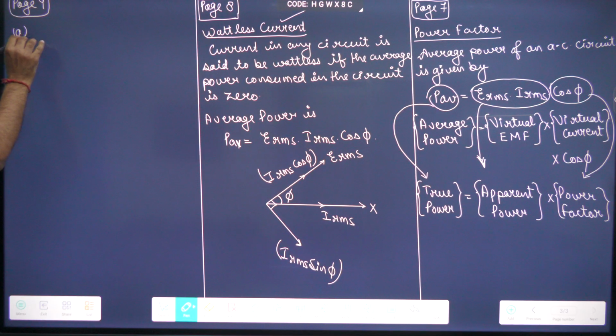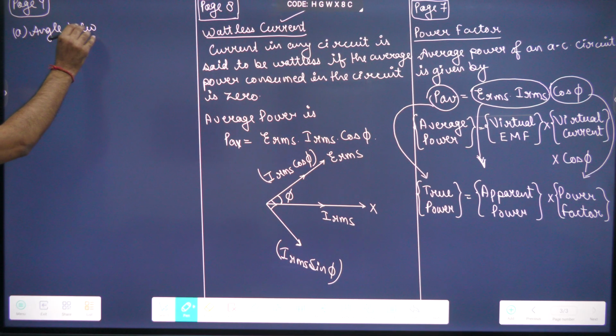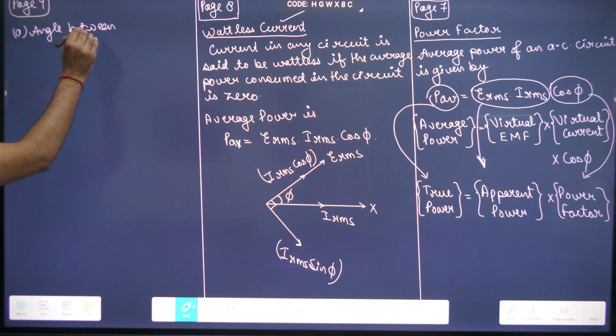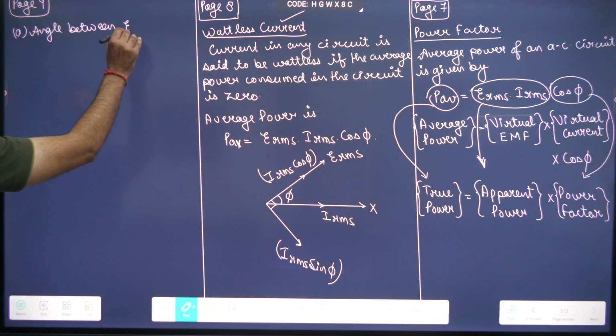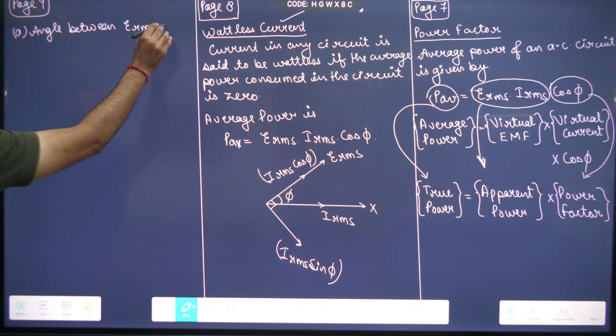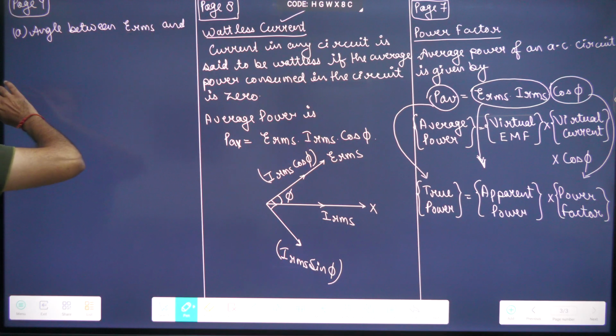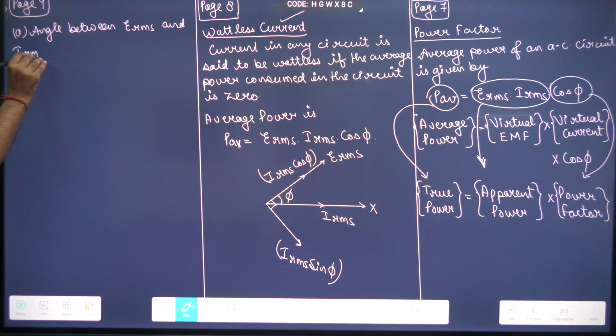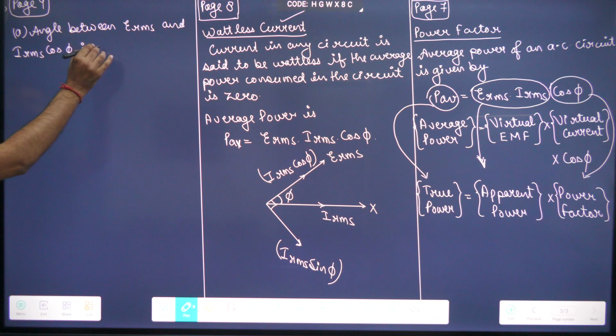So angle between ERMS and IRMS cos phi is 0 degree.